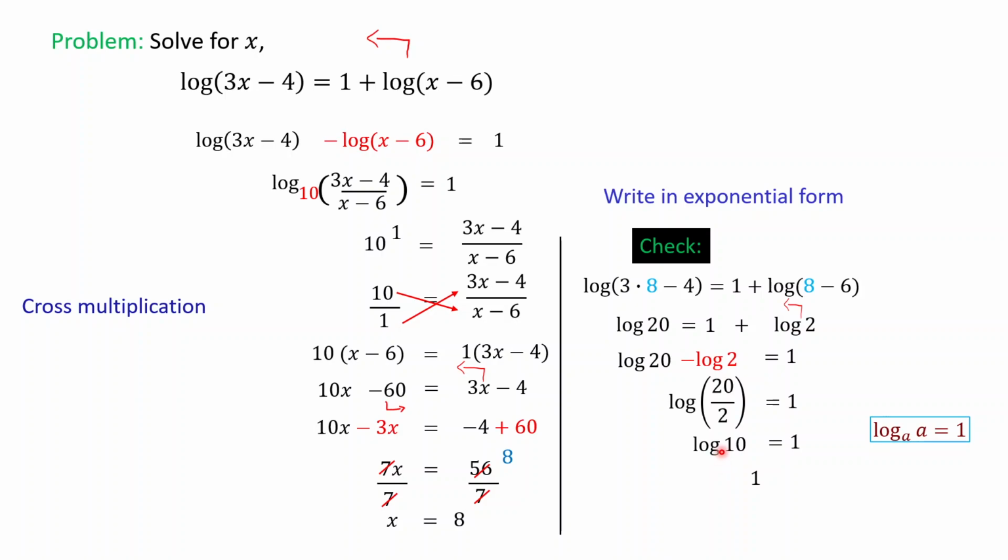Here the base is 10. So log base 10 of 10 is 1. So this is equal to 1. This is true because the left hand side is equal to the right hand side. So this is the valid solution. So the solution to this equation is this.